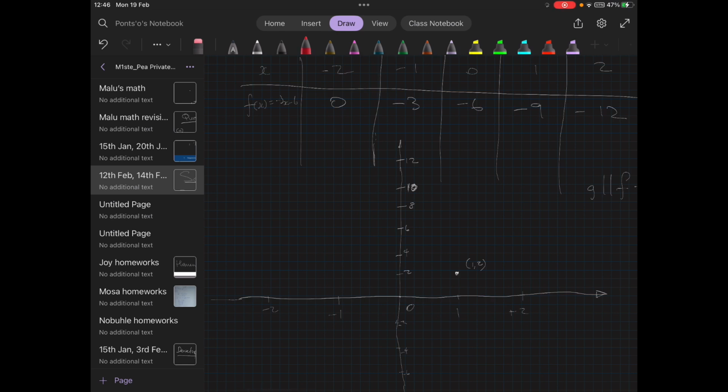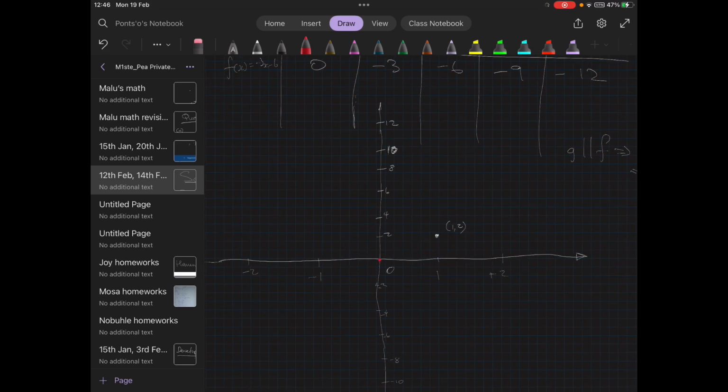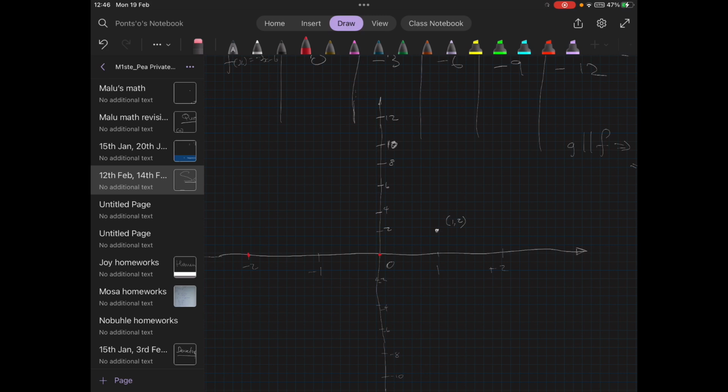All right, so let's plot the straight line. I'm going to use the red. F of negative 2 goes to 0. F of negative 1 is 2... oh, no, it's here, sorry, my bad. F of negative 1 is 4.